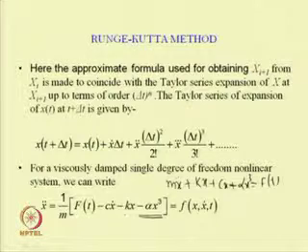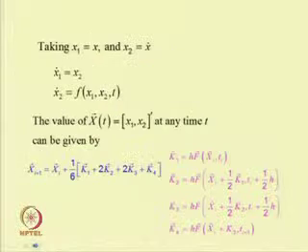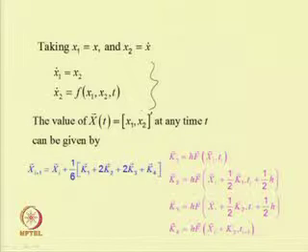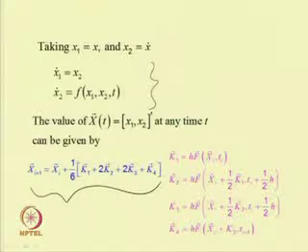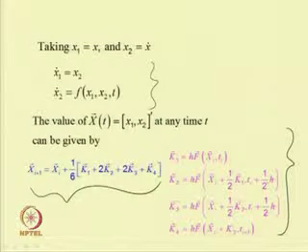From this we can find x double dot, and we can write a set of first order equations. Now, using this set of first order equations, we can use this formula, where we require 4 constants, k1, k2, k3 and k4. The expressions for k1, k2, k3 and k4 are given here to find x(i+1).